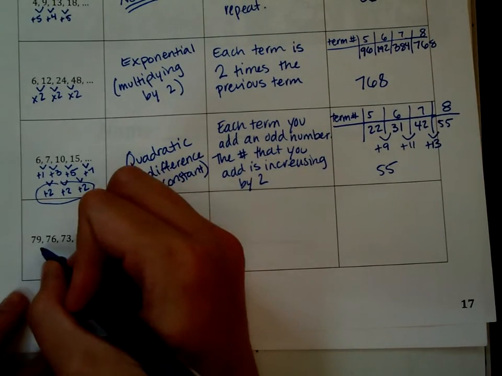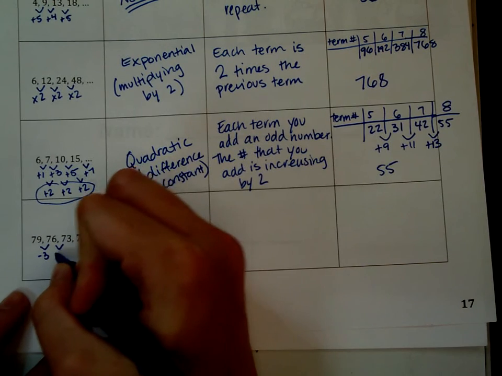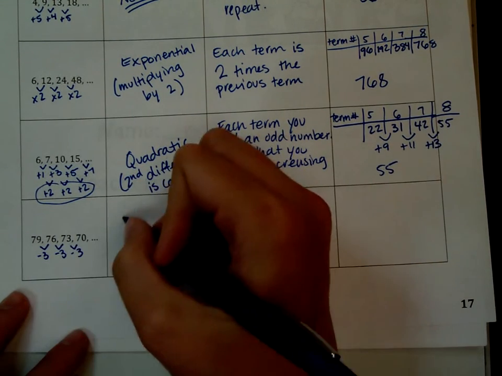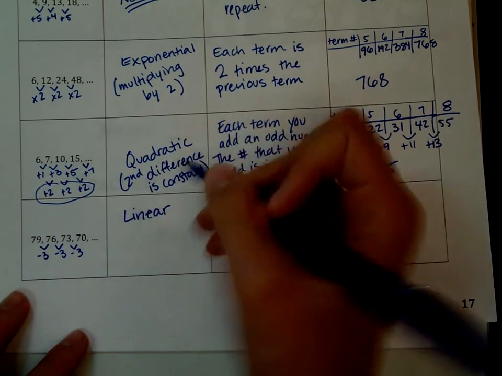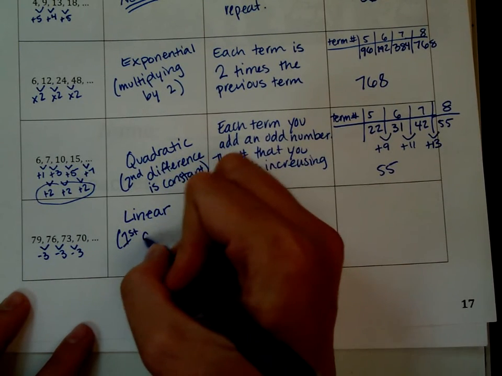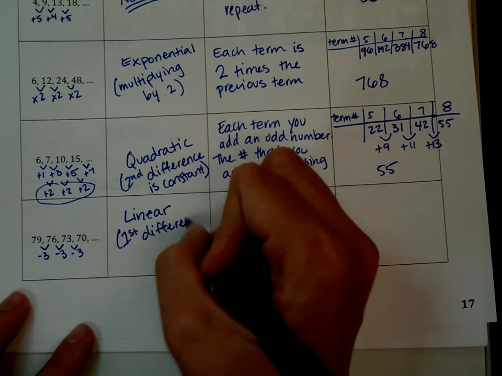So I notice here I'm doing minus 3, minus 3, minus 3. So this is linear because the first difference is constant.